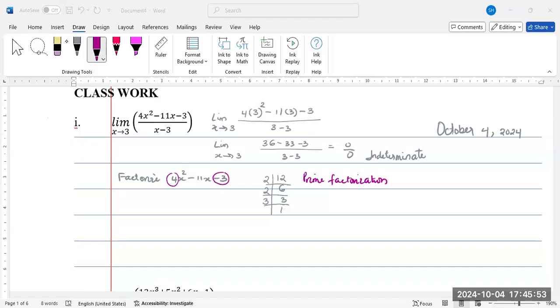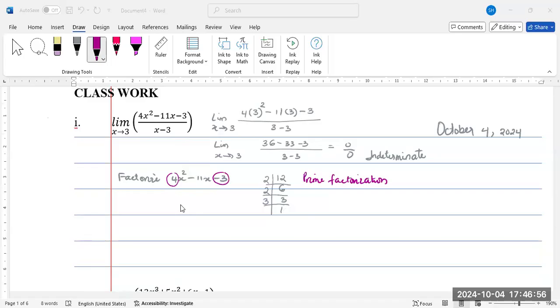Hold on a minute, please. So I am multiplying the coefficient of x squared by the constant term.